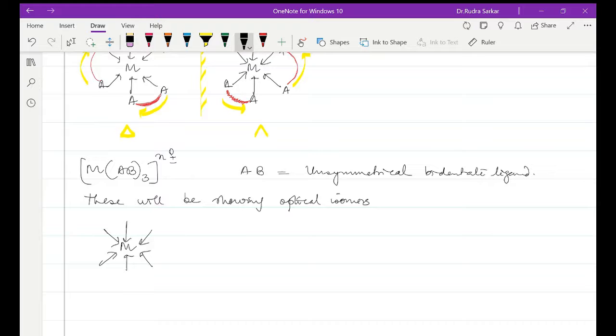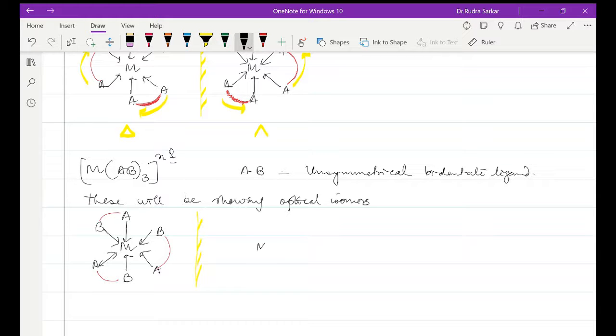But how many optical isomers are possible? Let's see. Suppose we place A, B, A, B, A, B, and our arrangement is something like this. Okay. So obviously, as we have explained, for such an arrangement, there will only be optical isomerism possible. So what will be the optical isomer? Let's draw it.